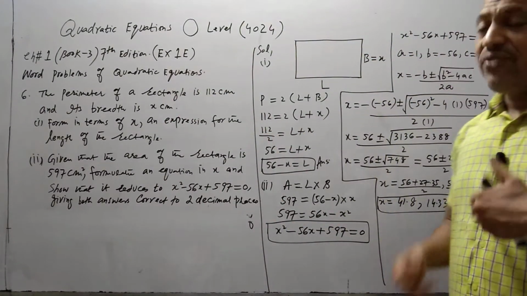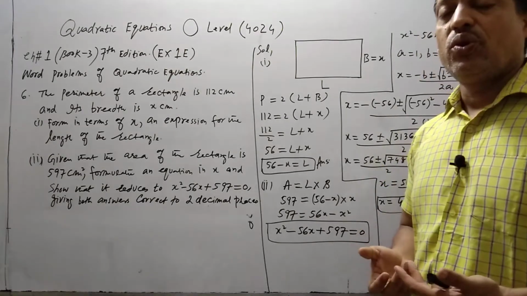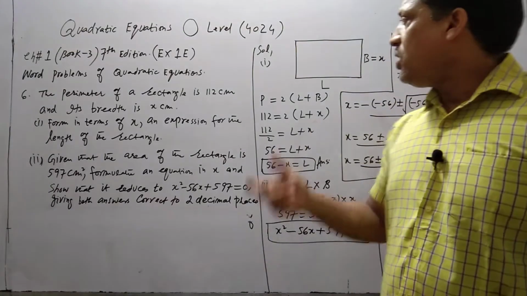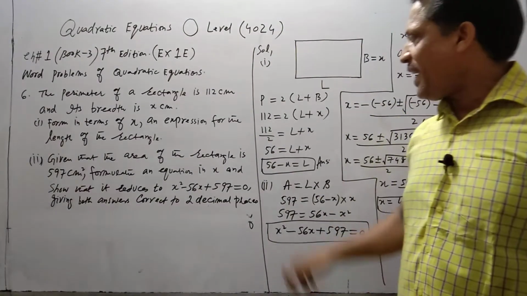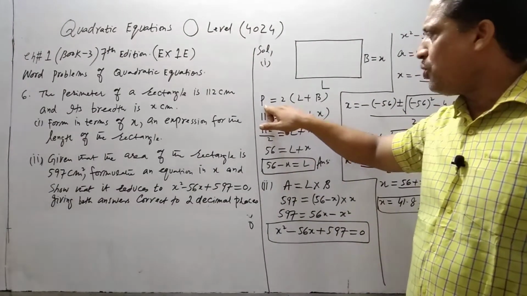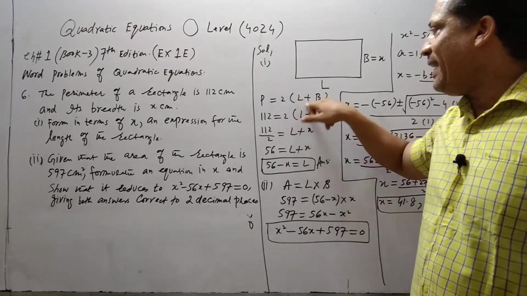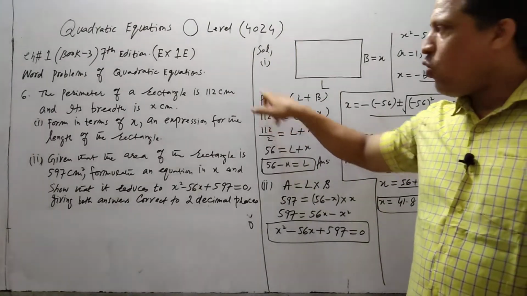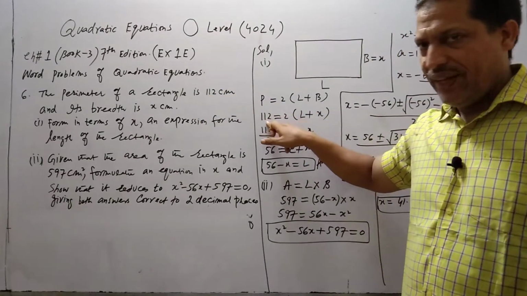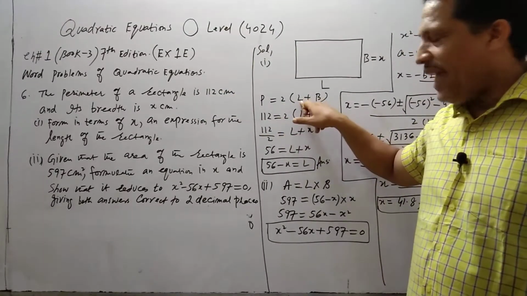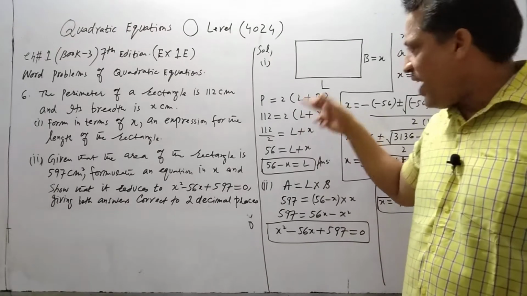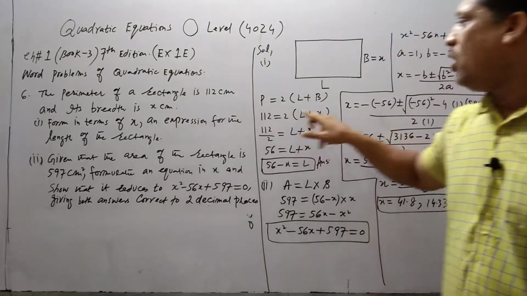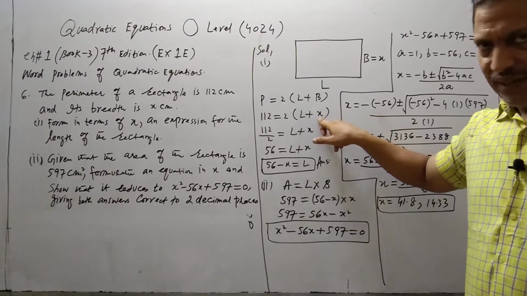First of all, we must know the formula of the perimeter of the rectangle. The formula is P equals 2 multiplied by (length plus breadth). Here perimeter is given, 112 equals 2 (length we have to find, plus breadth). Breadth is given x centimeter, so we put breadth x.